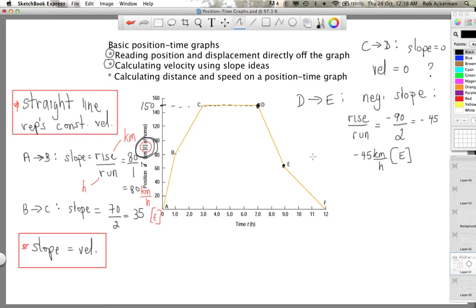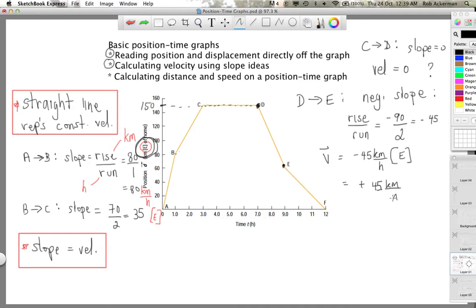What do we mean by this as our velocity? We mean negative east in the same way that we mean positive west. Now, how can I convince you that this is the case?